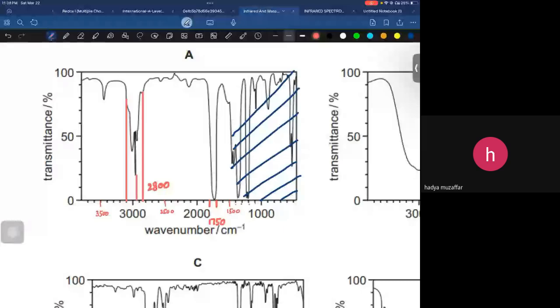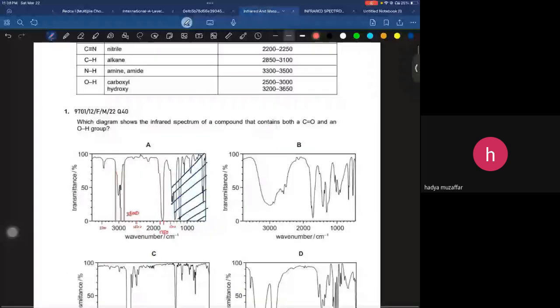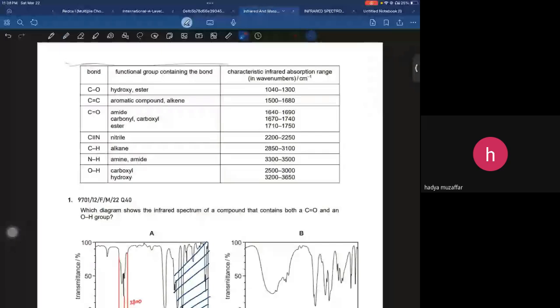So let me add the given data. 1750 is this.